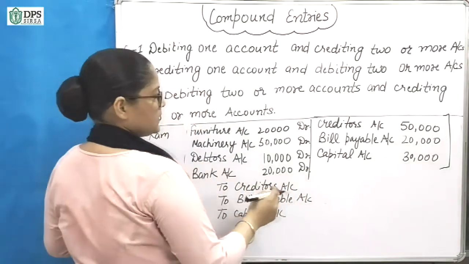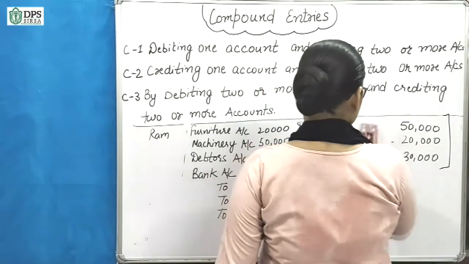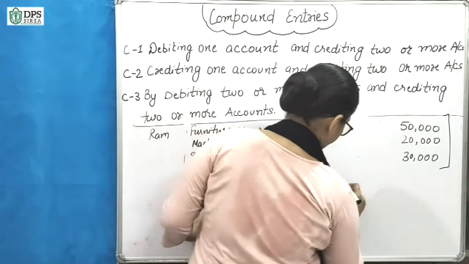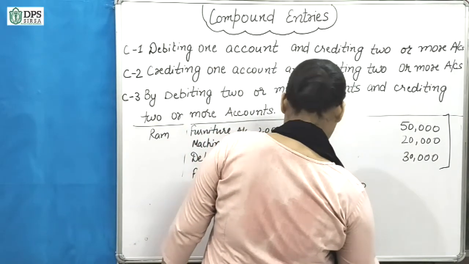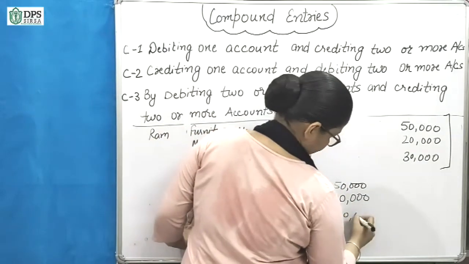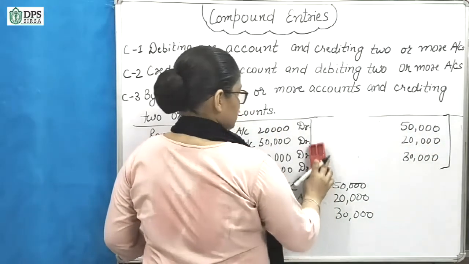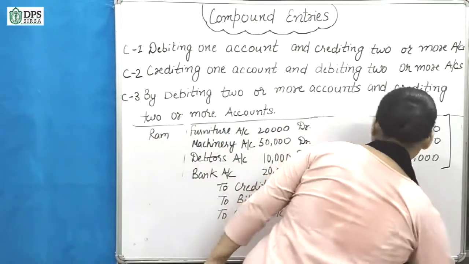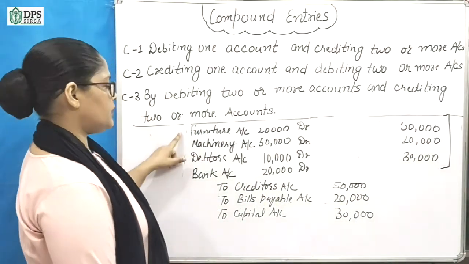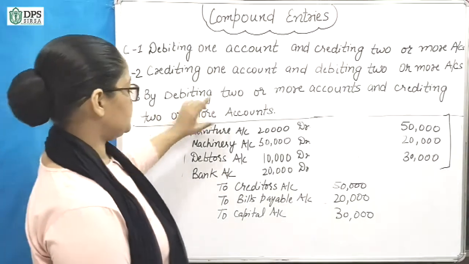So the amount is 50, 20 and 30. So this is the journal entry when we are purchasing the business of Ram and debiting 2 or more accounts.